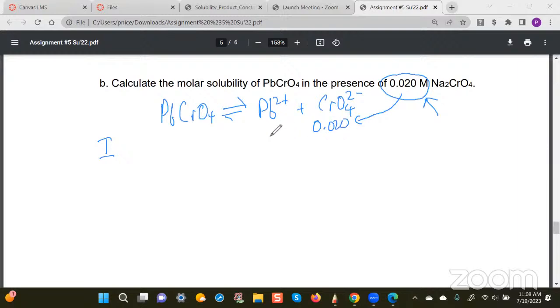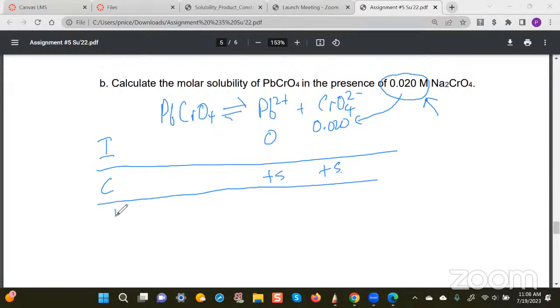The concentration of lead 2 plus will still be 0, all right? And then the change would be, as before, plus S in each case, where S is the solubility, so that at equilibrium, you're going to have S here, but here, you're going to have 0.020 plus S, right?